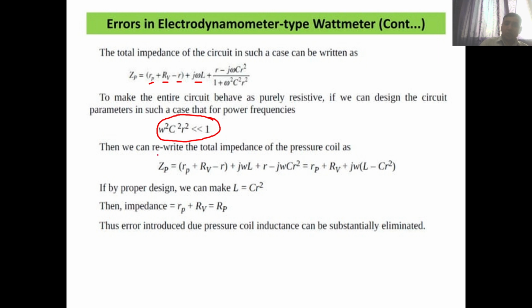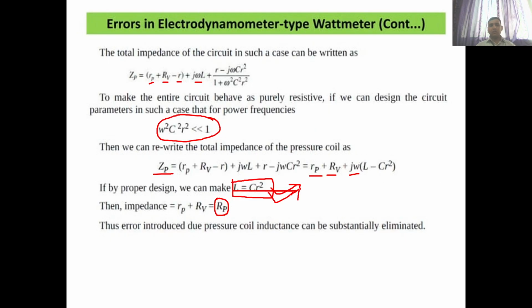So the total impedance should act like Rp Rv plus j omega L minus C R square, and with proper design, where inductance L should be equal to C R square, the overall impedance only has the overall resistance of Rp. So L is equal to C R square. This is how we compensate the pressure coil inductance.